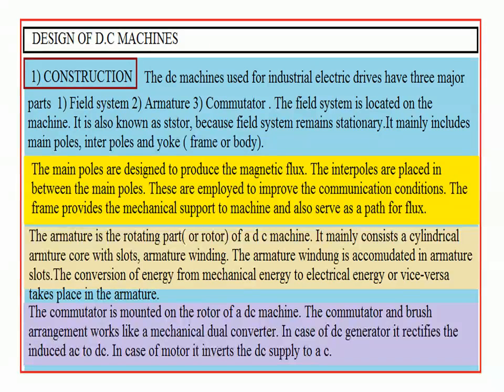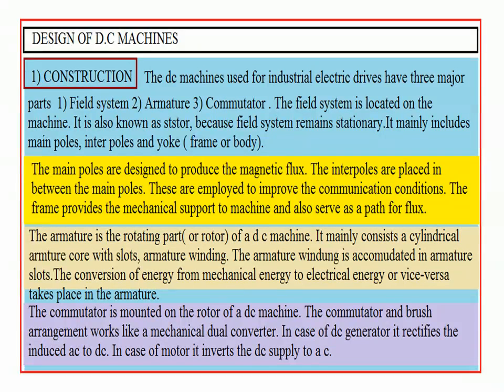The commutator is mounted aside the armature core. Here the number of commutator segments is almost equal to the number of armature conductors. Each armature conductor is connected separately to each commutator segment. The commutator and brush arrangement works like a mechanical dual converter.